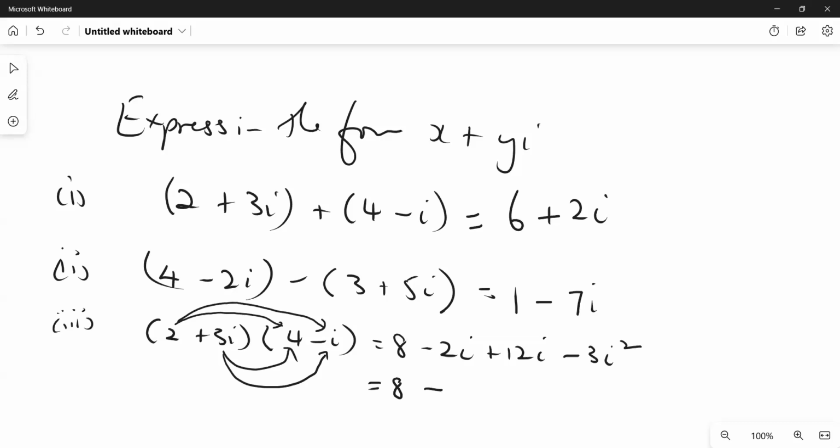8 plus 10i. And remember, i squared: if the square root of negative 1 is i, then when you square both sides, you get minus 1 equal i squared, right?